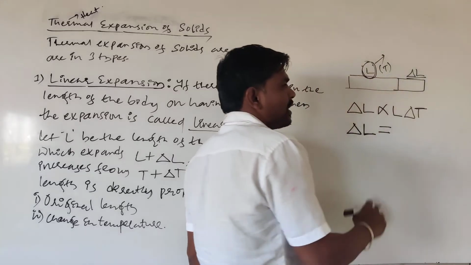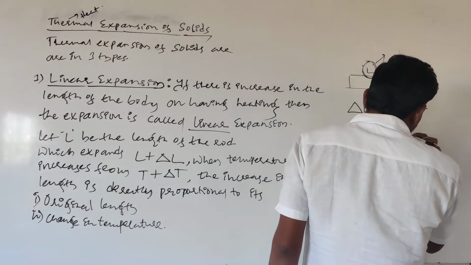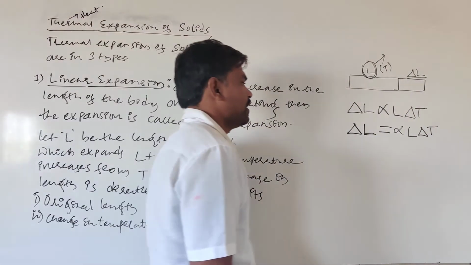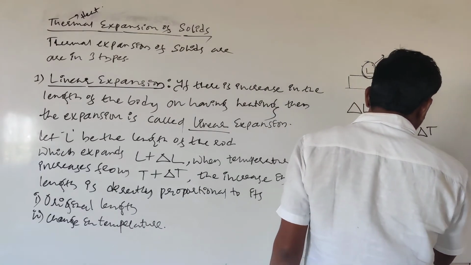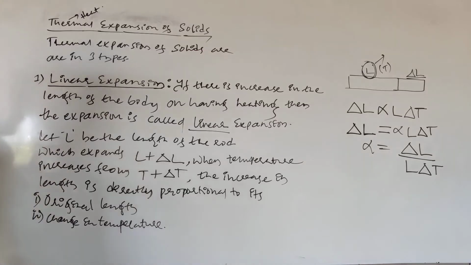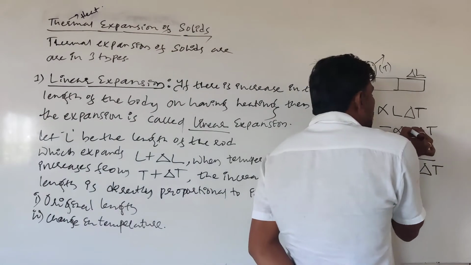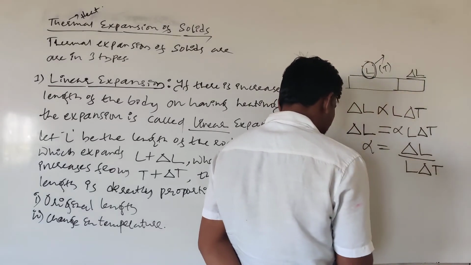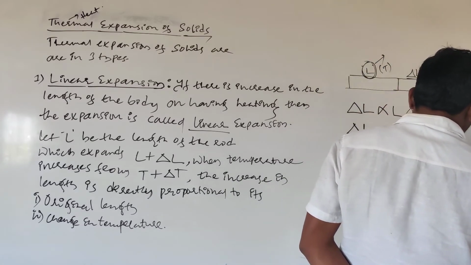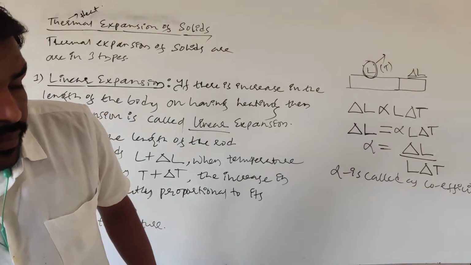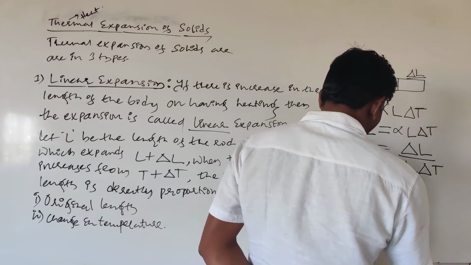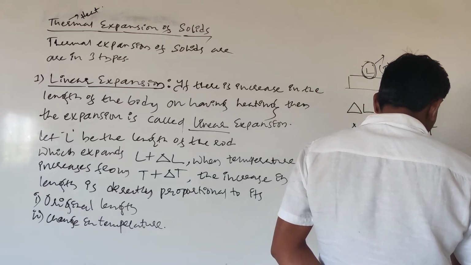So now I am going to write del L is equal to alpha L delta T, removing the proportionality. So alpha is equal to del L divided by L del T. Here this alpha is called the coefficient of linear expansion.